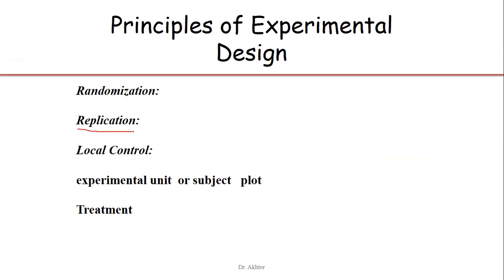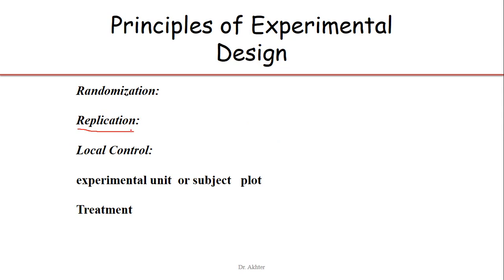Replication means repetition. We are not using one woman in a smoking group and one woman in a non-smoking group. We are using 50 women in a non-smoking group and 50 in a smoking group. Why 50? Why not one? That is called replication. If any of the women is skipped from the analysis, then the study can be performed on the remaining 49 women.